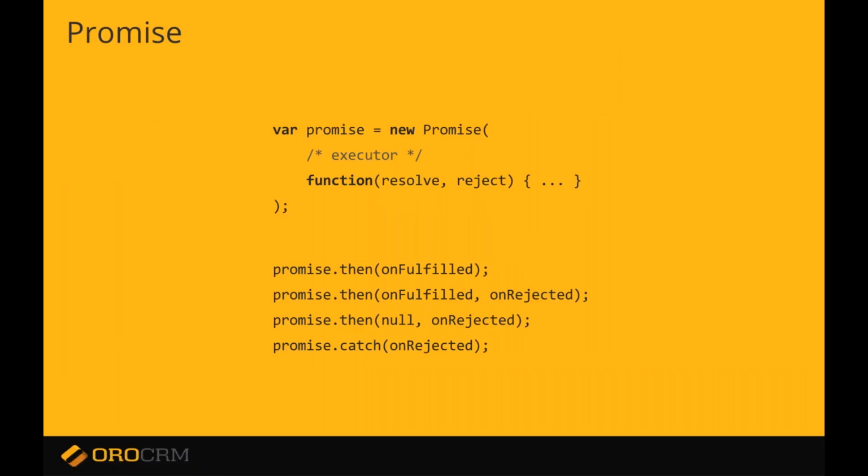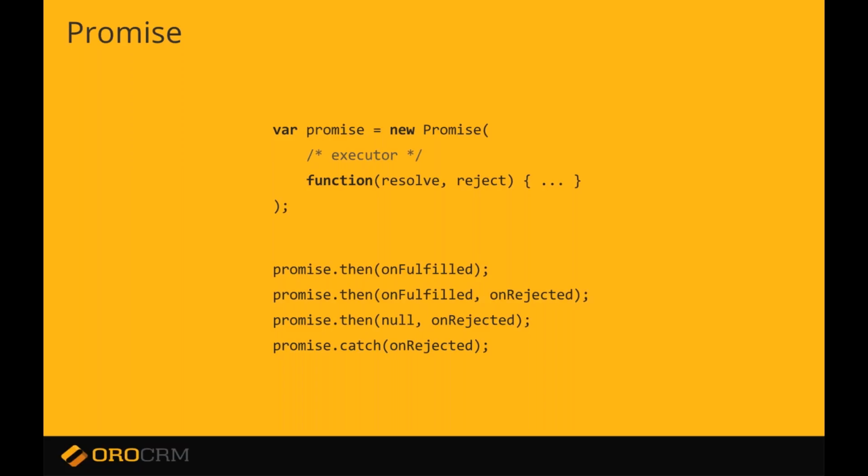In JavaScript, a lot of the time we deal with asynchronous processes. And for dealing with asynchronous processes, we can use the publish-subscribe pattern and handle events and so on.